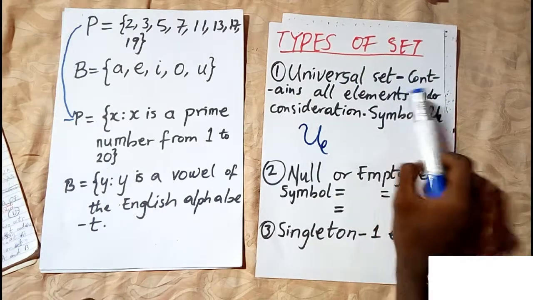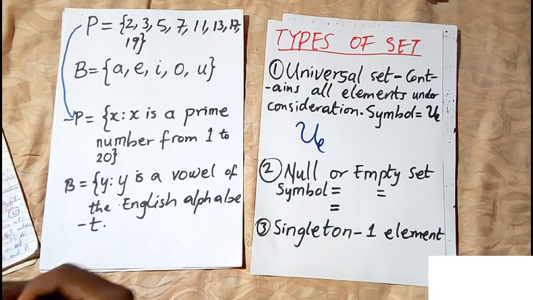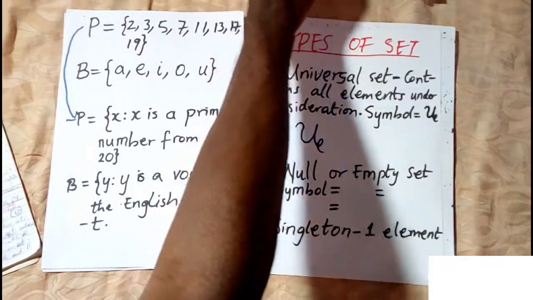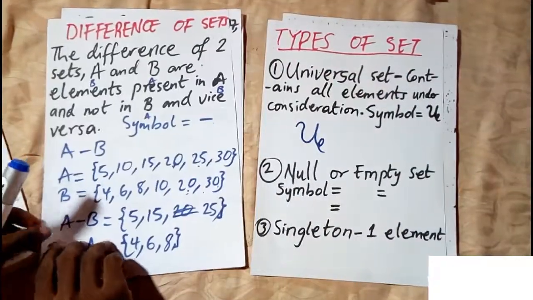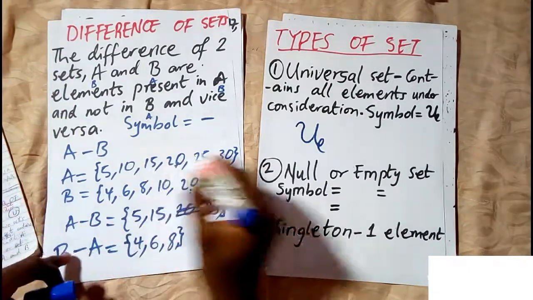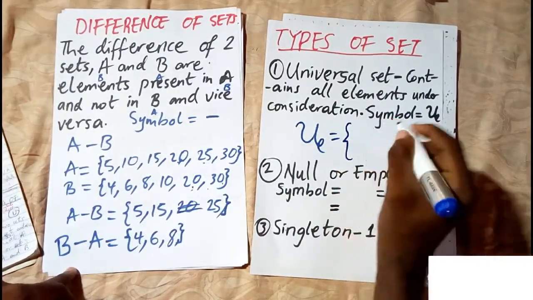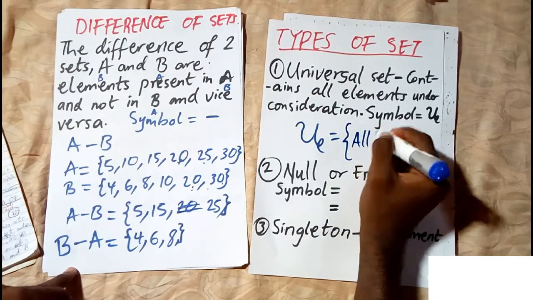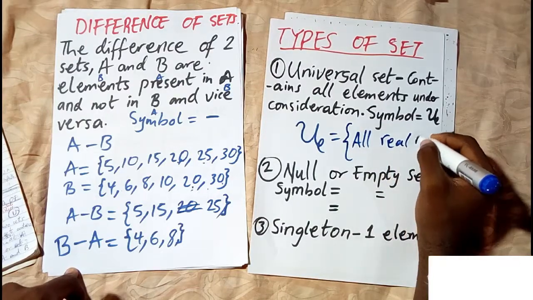A universal set is a set that contains all elements under consideration. Let's take for instance our A and B. We're considering A and B, so the universal set of A and B will be all real numbers.